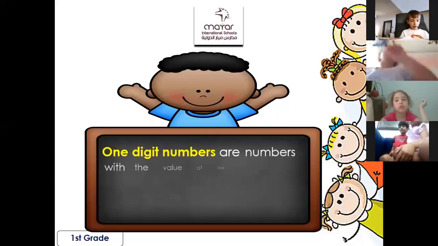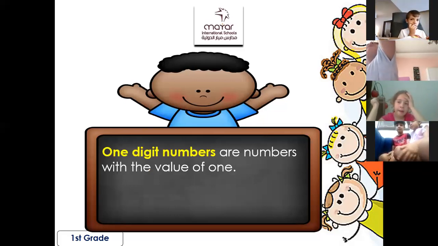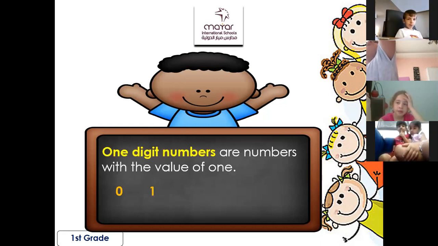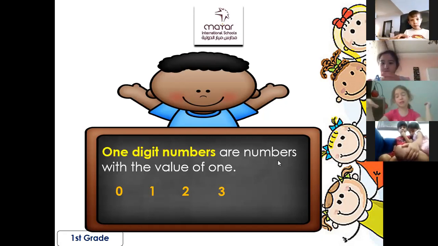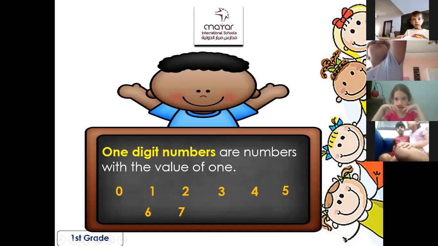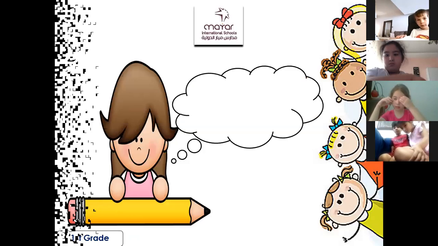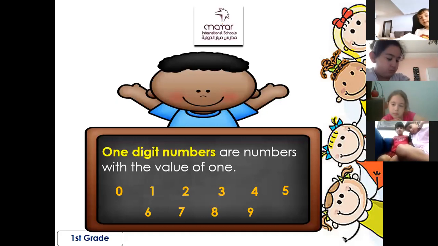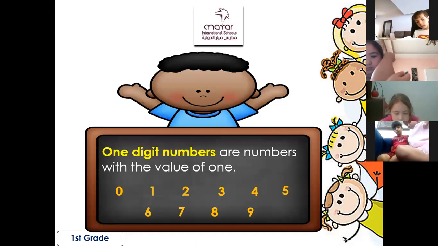Numbers that have the value of 1, like 0, 1, 2, 3, 4, 5, 6, 7, 8, 9. Yeah, up to 9. Up to 9 is a one-digit number. After 9, we have 10. 10 is actually a two-digit number.